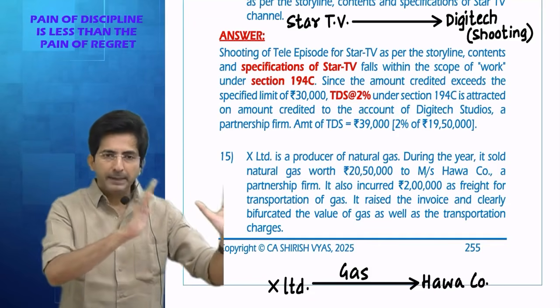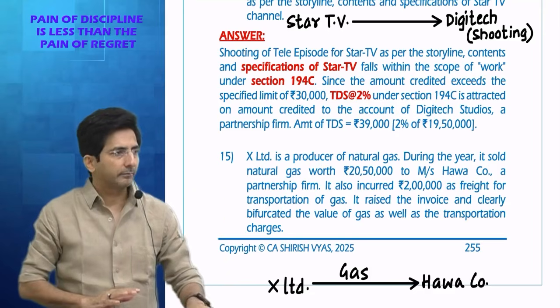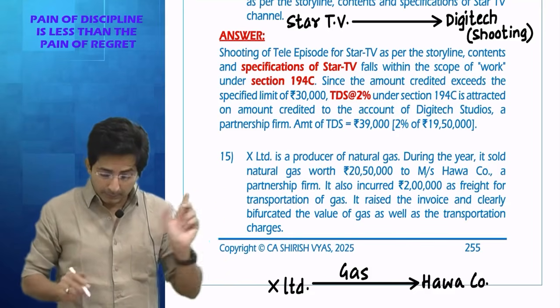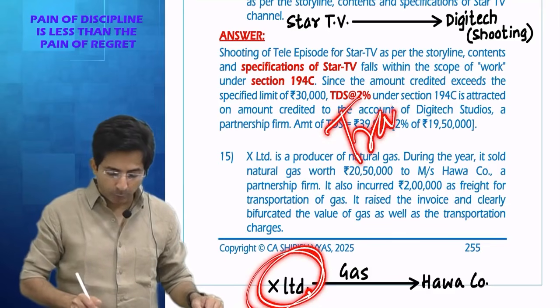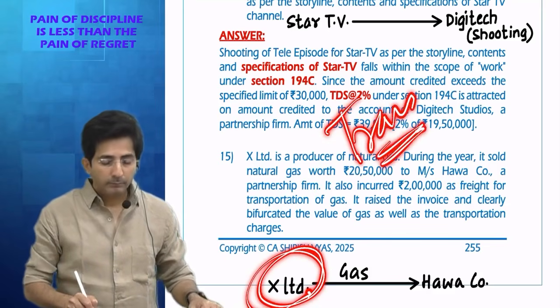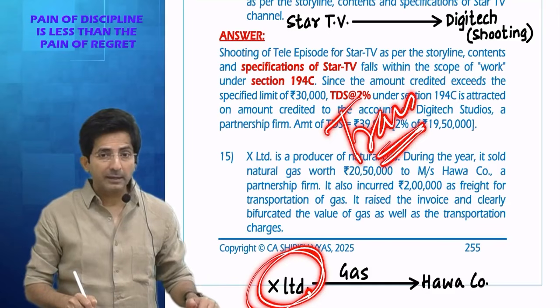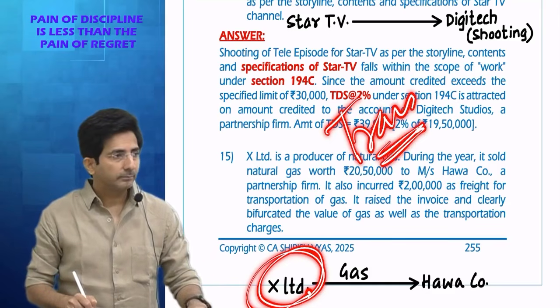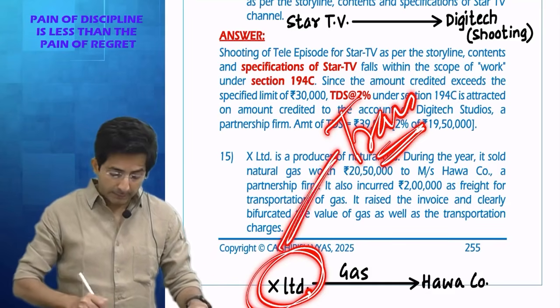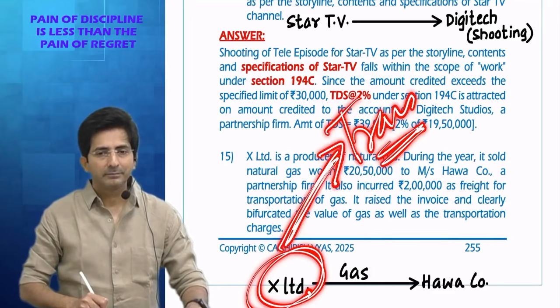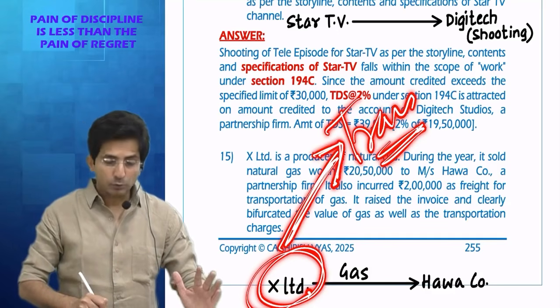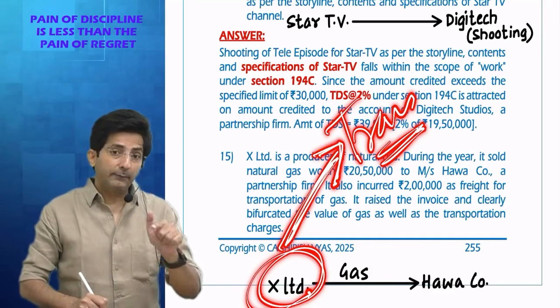If it is an independent transport contract, then it is okay. Here it is possible that X Limited might have hired some transporter to transport the gas to Hawaiian company. Then between X Limited and the transporter, there can be a works contract. You understood?